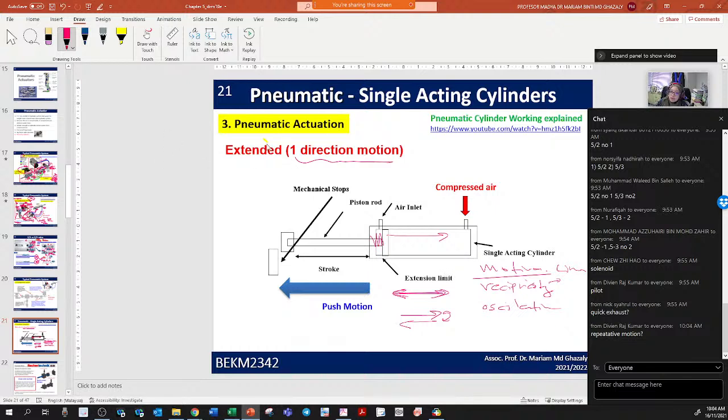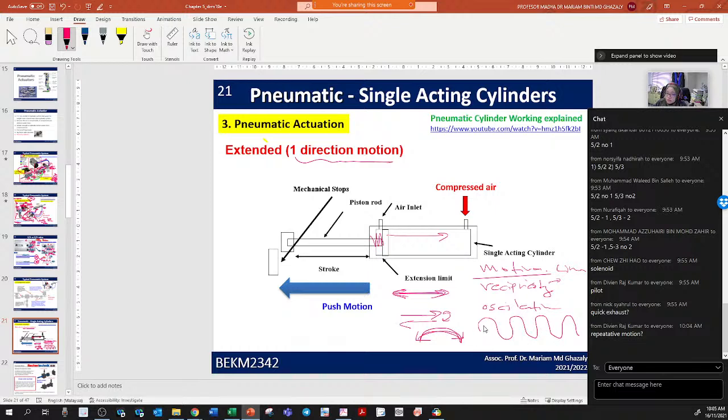So a pneumatic or hydraulic actuator can do a reciprocating motion based on the signal given to the actuator, and that signal is controlled by the directional control valve. Oscillation is a bit different. Oscillating is when you have a sine wave.